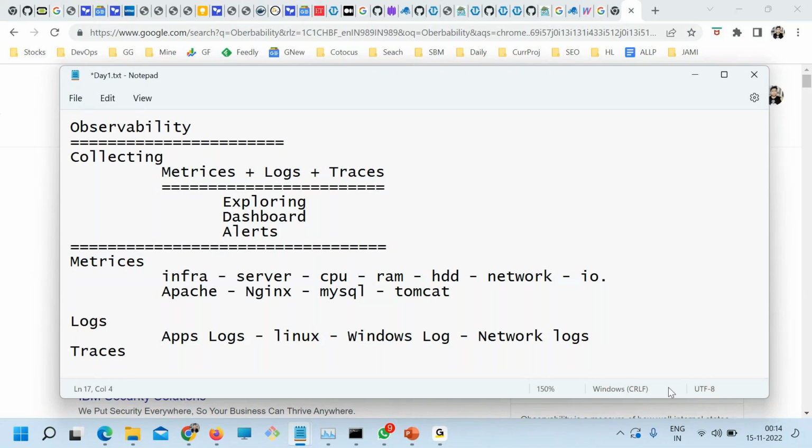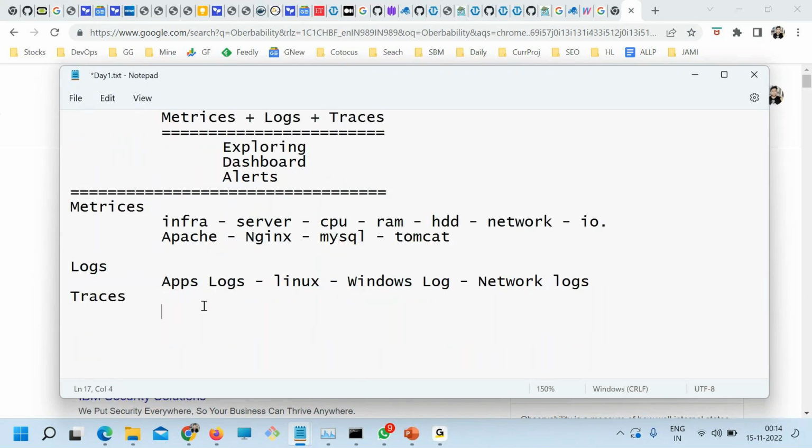One we call APM traces, one we call synthetic traces, and one we call RUM traces. So these are the different types of traces which we have: APM trace, synthetic trace, RUM trace. RUM means real user monitoring.